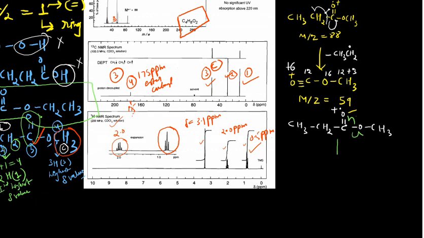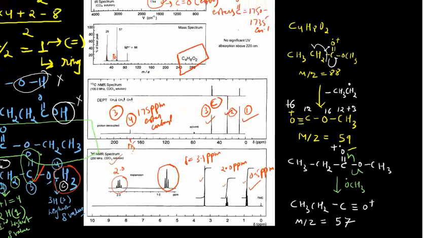Then you will have OCH3 dot here, and your remaining fragment is CH3CH2C≡O positive. This is the cation, and its m/z value would be 57. So you are having a peak at 57. So 88 and 57 is the base peak.